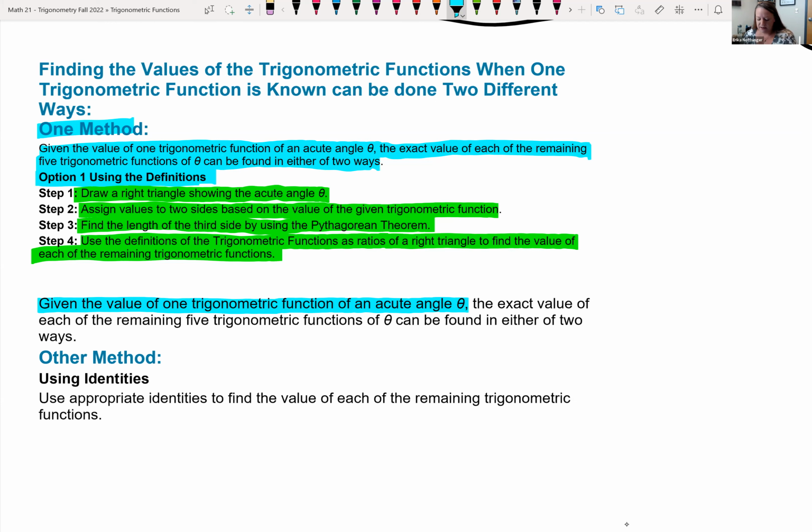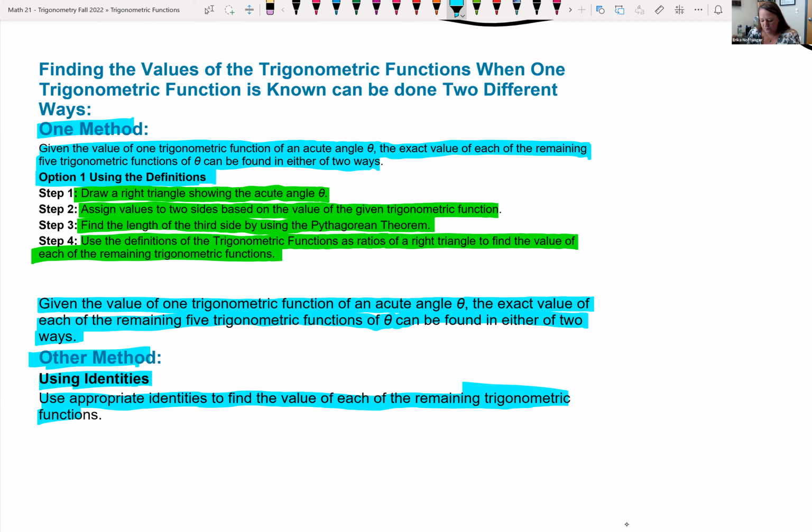Okay, so again, given the value of one trigonometric function of an acute angle, the exact value of each of the remaining 5 trigonometric functions of theta can be found in either two ways. The other method is using identities. So you use appropriate identities to find the values of each remaining trigonometric function. And in our case, we started with the Pythagorean trigonometric identity.